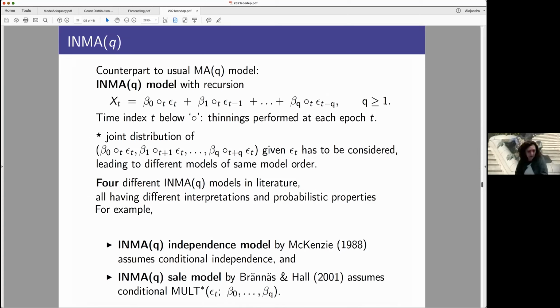The counterpart to the usual moving average MA(q) model would be a model where we thin all the past noises, all q past noises. But at each instant, we have to thin q past lags.